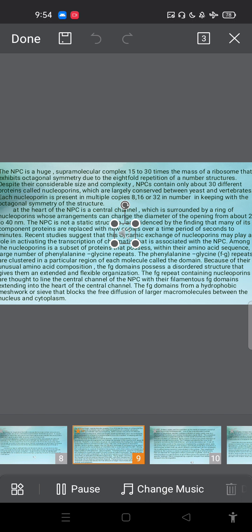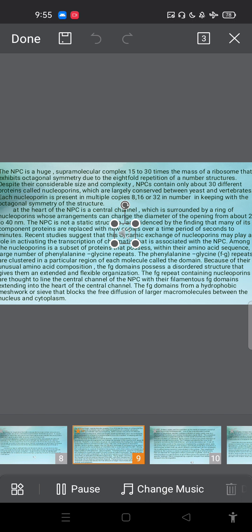Among the nucleoporins is a subset of proteins that possess within their amino acid sequence a large number of phenylalanine-glycine repeats. The phenylalanine-glycine (FG) repeats are clustered in a particular region of each molecule called the FG domain. Because of their unusual amino acid composition, the FG domains possess a disordered structure that gives them an extended and flexible organization.